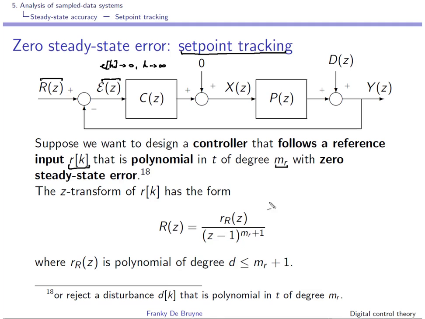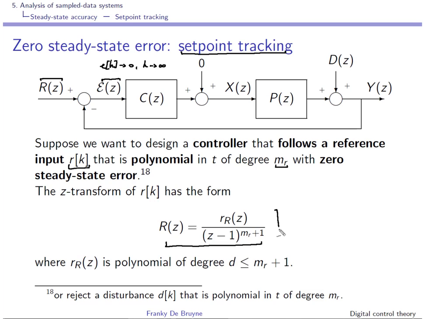The Z transform of this reference input set point is called R(z), and it will take the form over here: you have (z minus 1) to a given power with some polynomial of degree d smaller or equal to m_R plus 1.